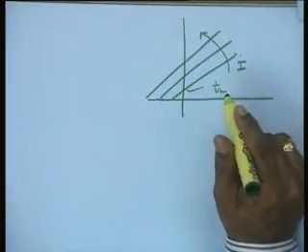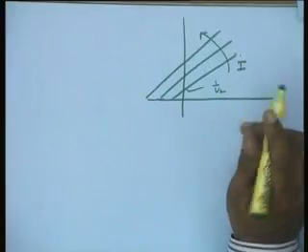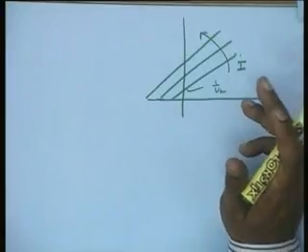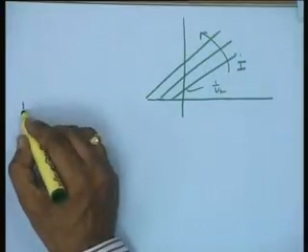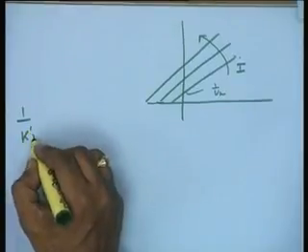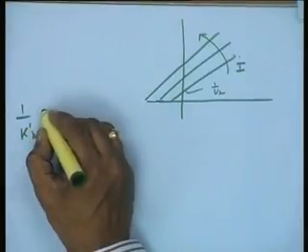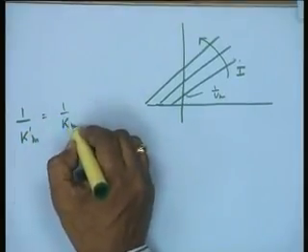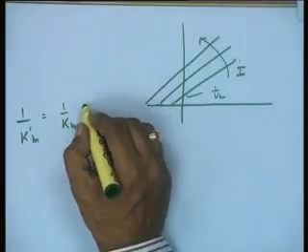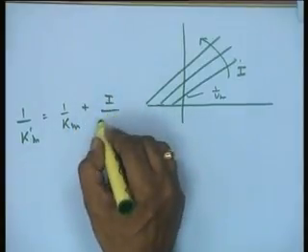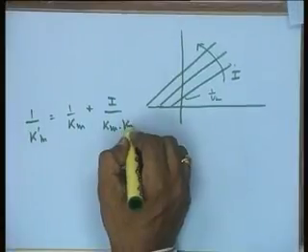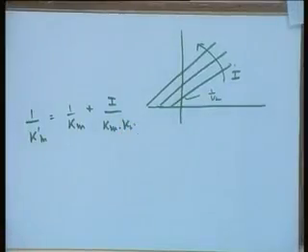And in a secondary plot of 1 upon K dash m versus I, 1 upon K dash m will be equal to 1 upon Km plus I over Km into Ki, and if you make a secondary plot, you will get the value of Ki.